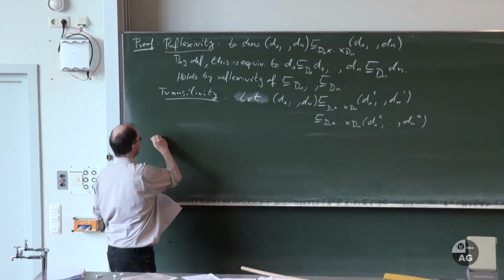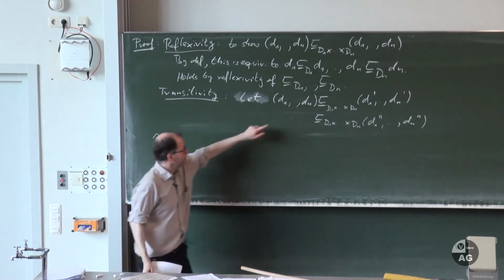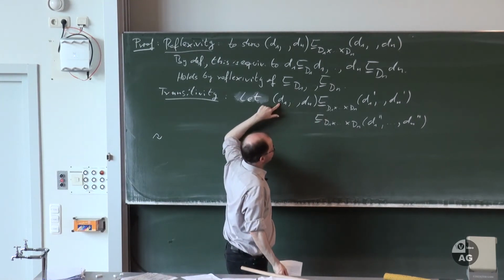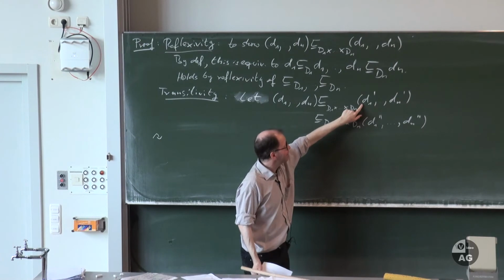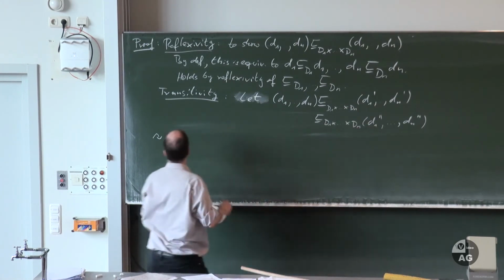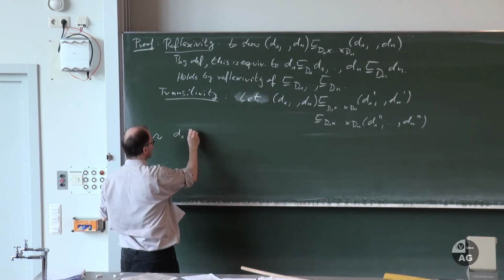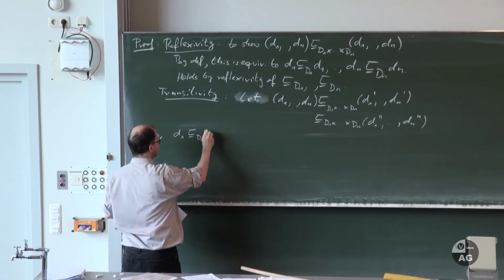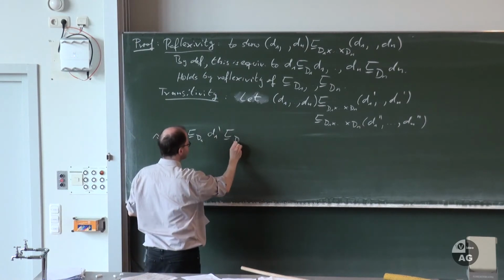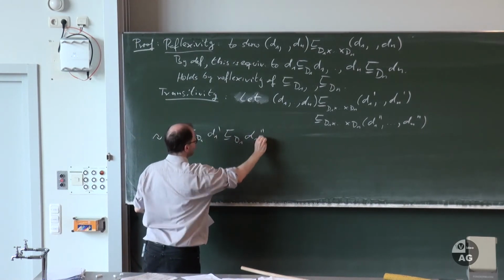Now, what do we know? By definition, if we have this, then the first component here is less defined or equal to the first component there, and moreover, also to the first component there. So we know that d1 is less defined or equal to d1 prime, and d1 prime is less defined or equal to d1 double prime.